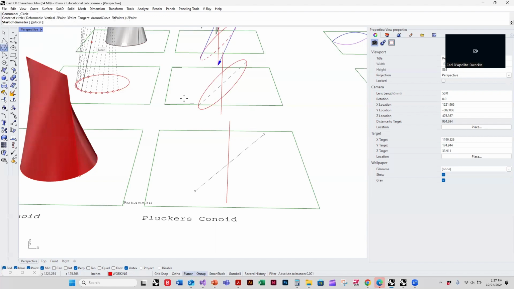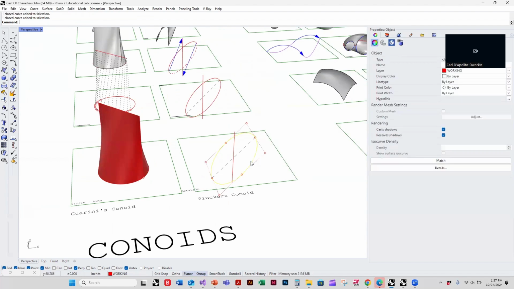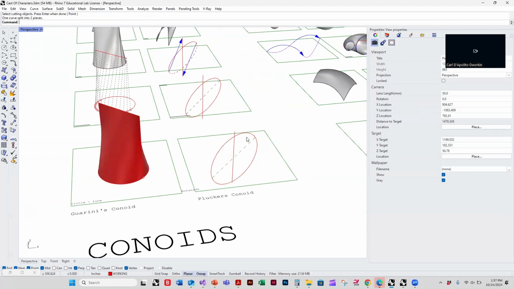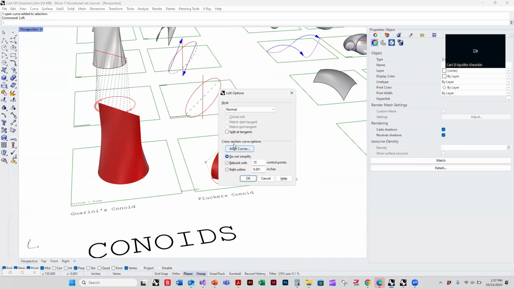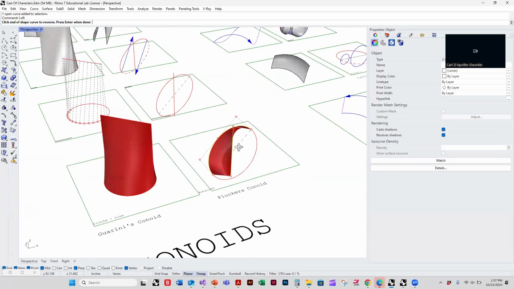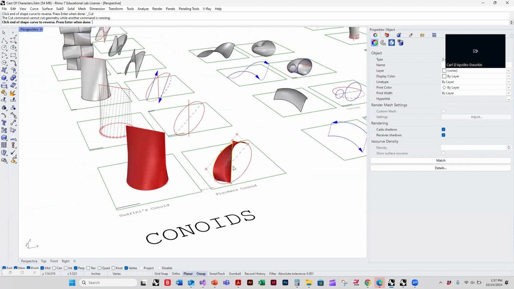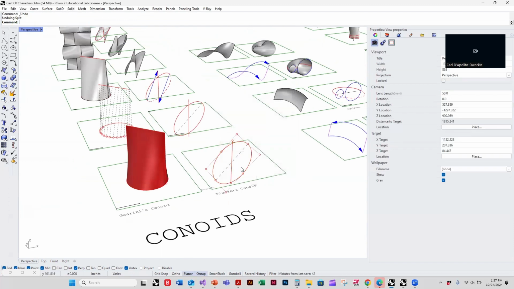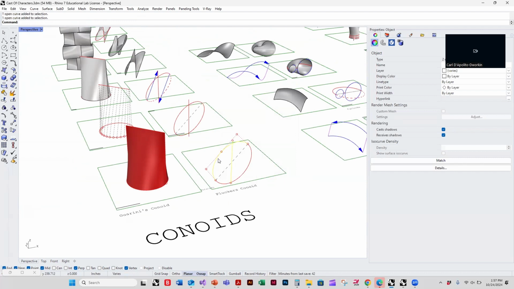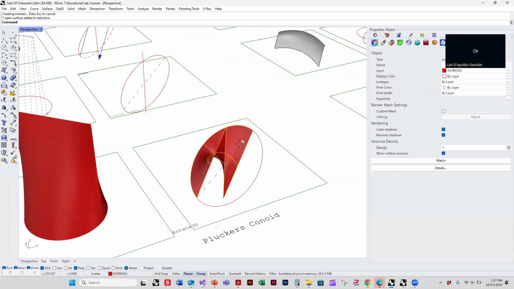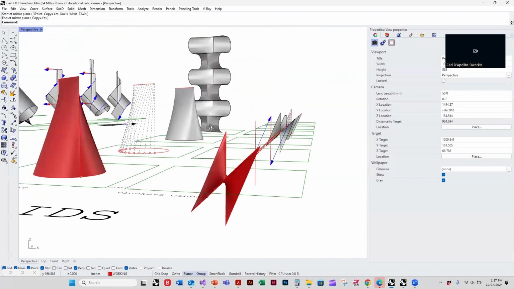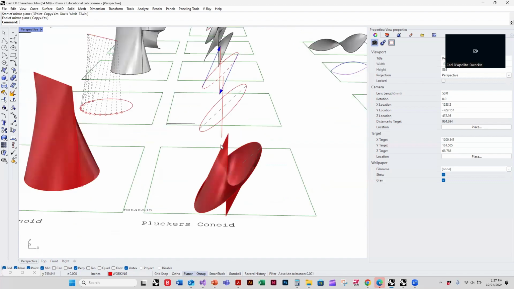So you can make one of those by going 2 points like that, splitting this, and then lofting each half to the axis like that.